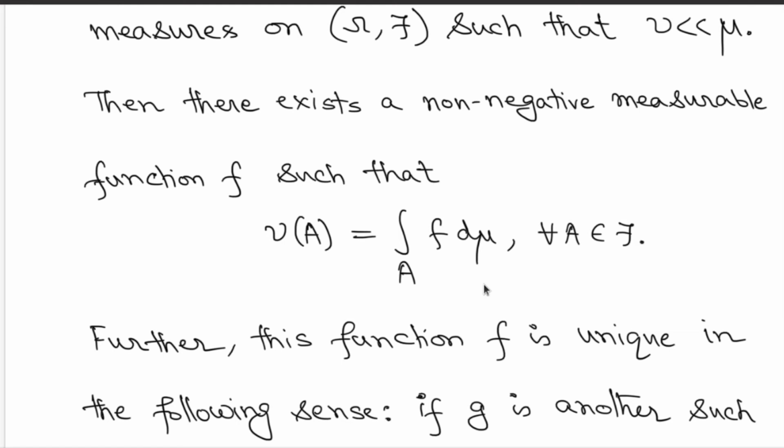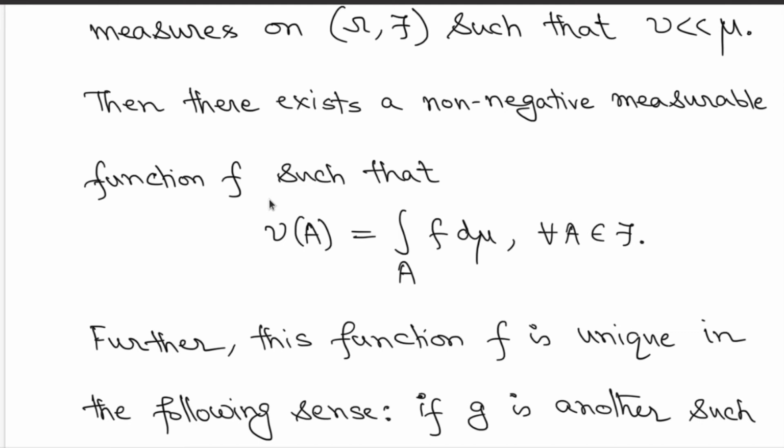So you can figure out such a function small f which is non-negative and measurable. Therefore, given this measure mu, which is the first measure, if you ask what are all the absolutely continuous measures nu, you will immediately say that those are given by such an expression, as an integration over some appropriate non-negative measurable function f. All you have to do is to vary this set A and you are going to get back the size of the sets under the new measure.